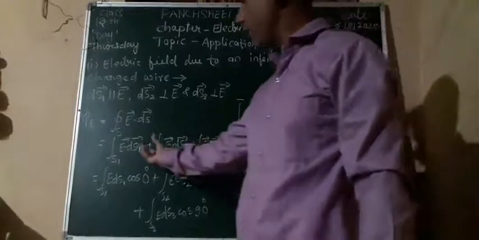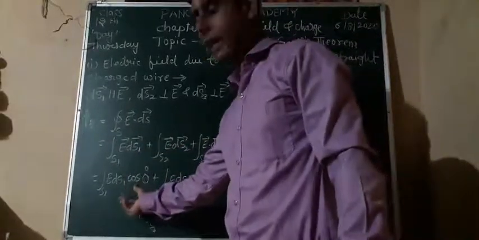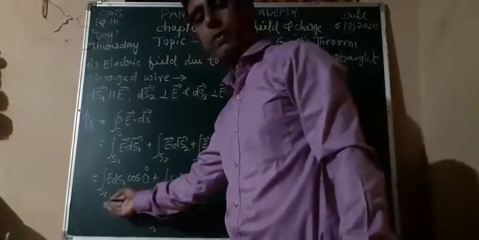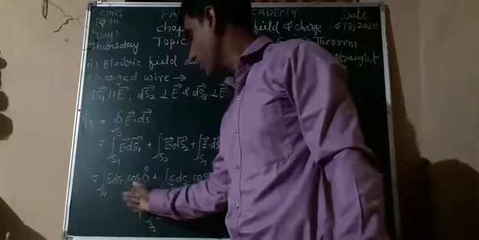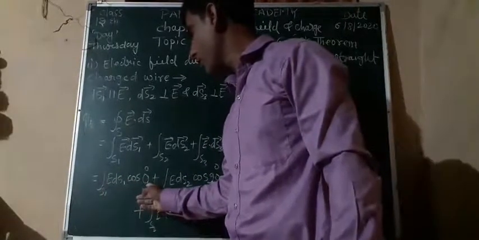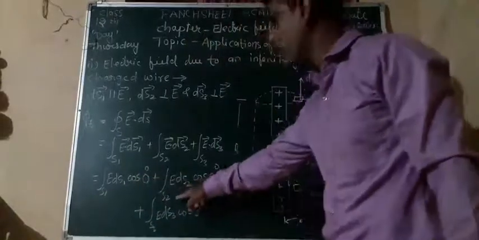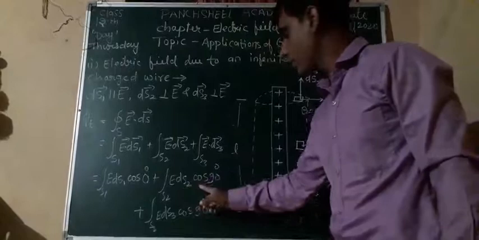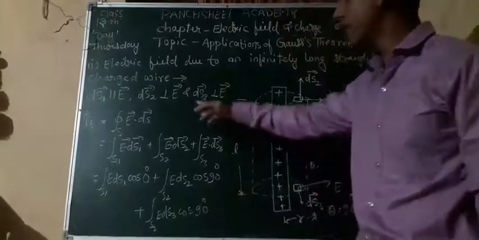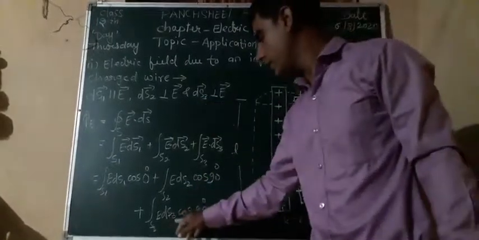Now if we write in terms of angle, integration of first surface E ds1 cos theta, theta equal to what for surface S1? 0 degree, and integration of second surface E ds2 cos 90 degree because theta is 90 degree, and E ds3 cos 90 degree.